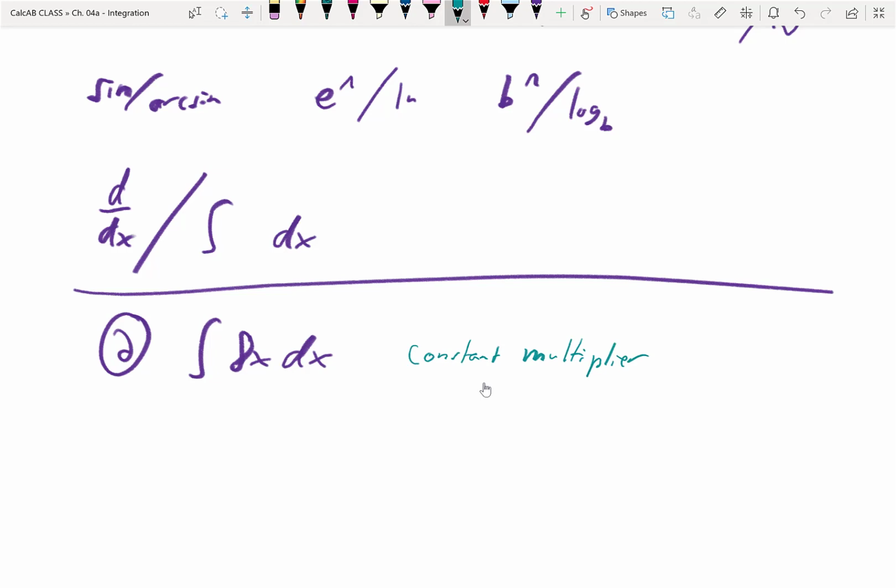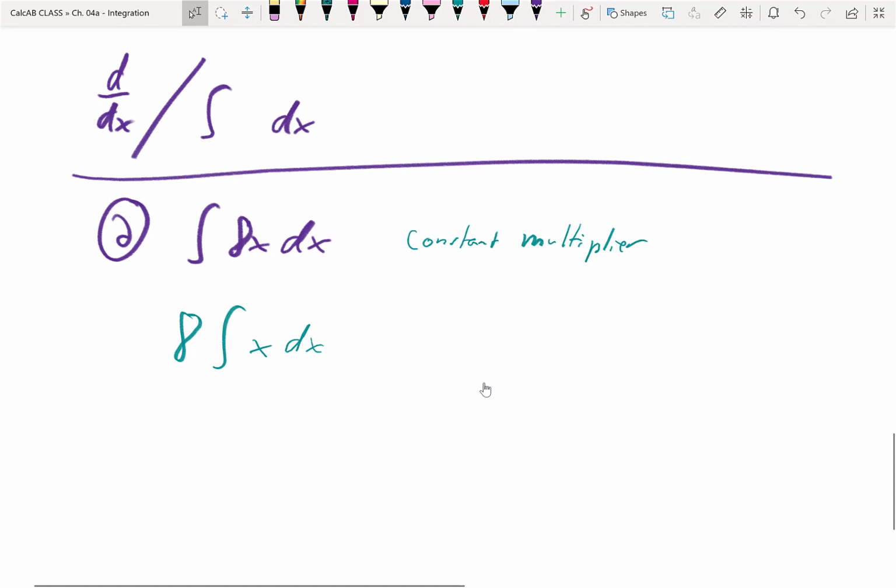It's the same constant multiplier rule that we dealt with back with derivatives. So what I'm actually going to do is I'm going to pull the 8 out. Whether you do that in your head or whether you actually rewrite it, I'm fine with either. People won't really usually rewrite it, but if there's a complicated thing that you're taking the integral of, we usually pull out all the constants because we don't want to deal with them.